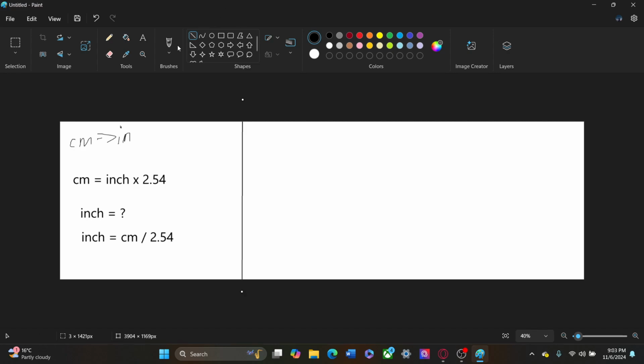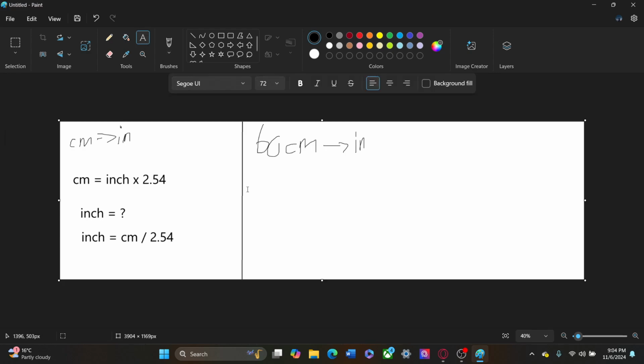what we're going to do is take 60 centimeters. Okay? Just 60 centimeters. We're going to convert that to inches. So we know our equation is inch equals centimeter divided by 2.54. Now, first off, why is it divide instead of multiply?